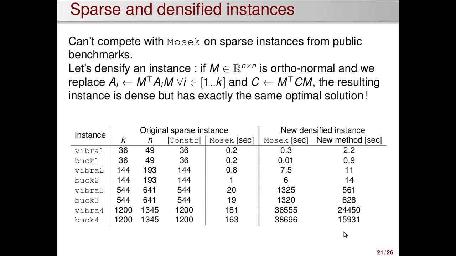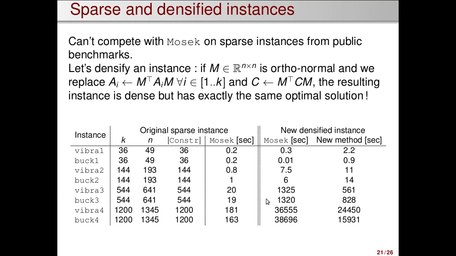But let me densify the instance, because then the story will change. What happens here? Let me replace each matrix Ai by this matrix. So I multiply Ai at the left with M transposed and at the right by M, and what happens? Since M is an orthonormal matrix, it doesn't matter which one, I will obtain a rewriting of the instance in a different space. What do I mean by that? I mean that the new instance is exactly the same, but it's written in a densified manner.